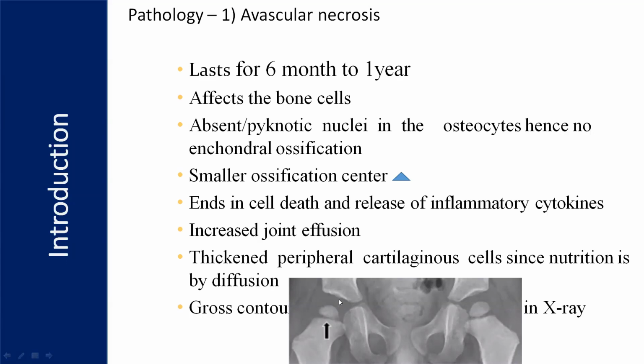The reason for this increased joint space relative to the other side is the effusion first and foremost, and then the increased size of the cartilage, like we described. So in the first stage, we usually don't see any changes in bone or the bone matrix, but we see increased joint space. We can see some signs of sclerosis of the ossific nucleus, usually due to calcified necrosis.